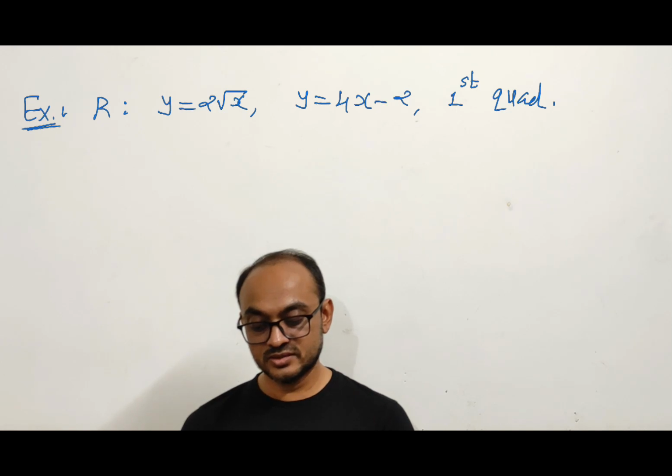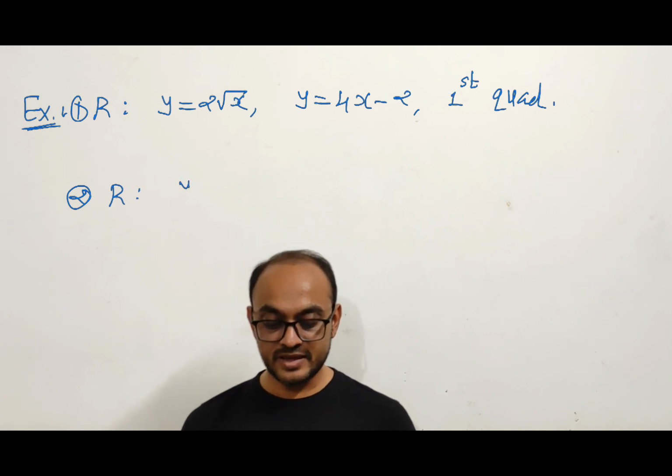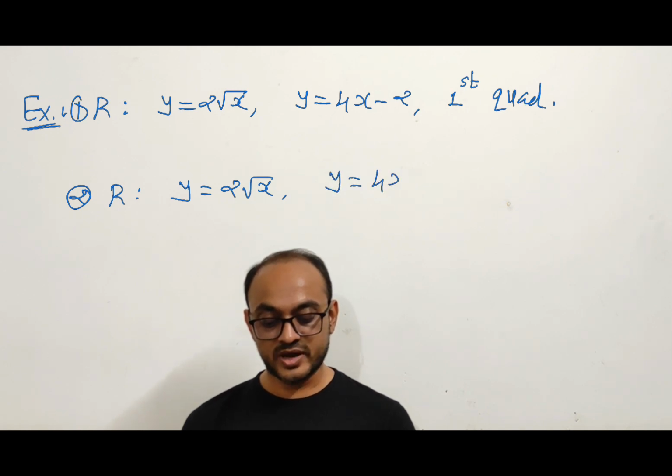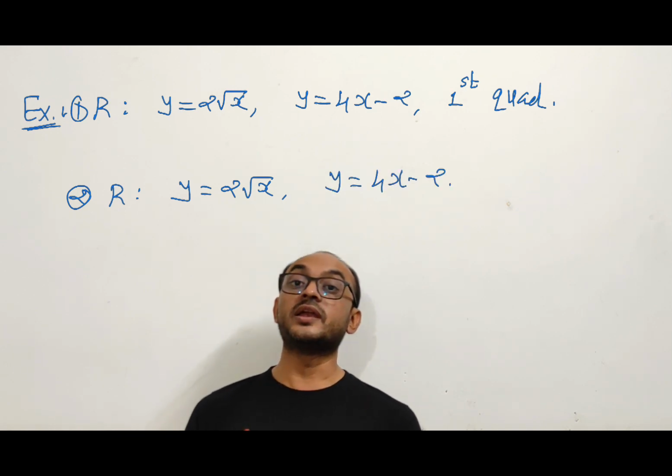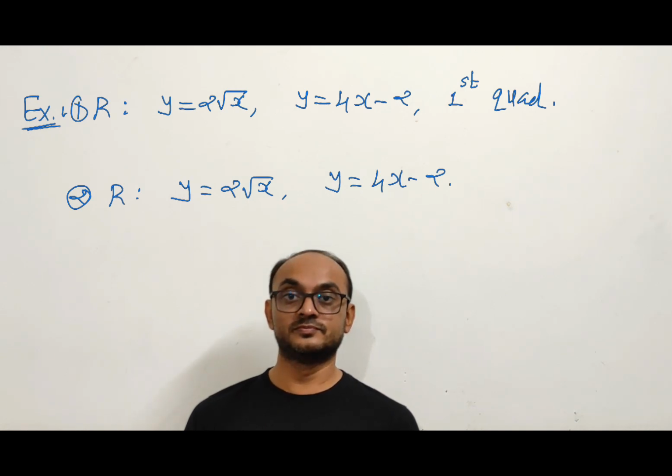Right, this is exercise number 1. Exercise number 2, I am writing the same thing: y is equal to 2 under root x, and y is equal to 4x minus 2. I am not writing first quadrant now.